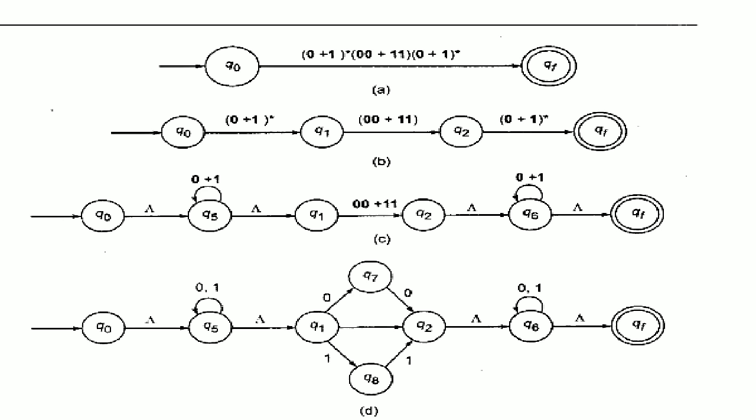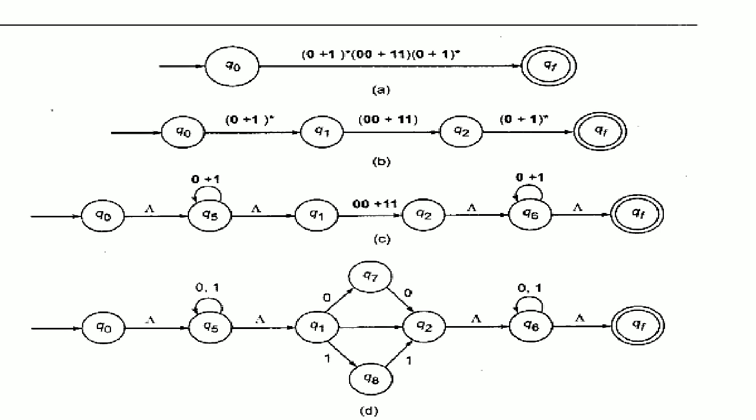So for the NFA of (0+1)*, we add epsilon moves. So Q0 on epsilon, then Q5 with the 0+1 loop, that indicates (0+1)*, and again a null string is there.